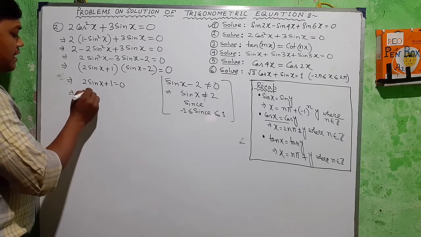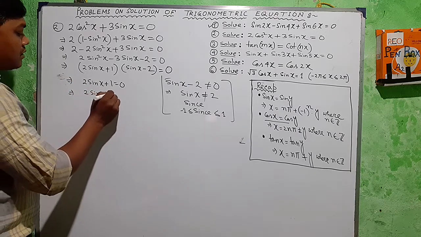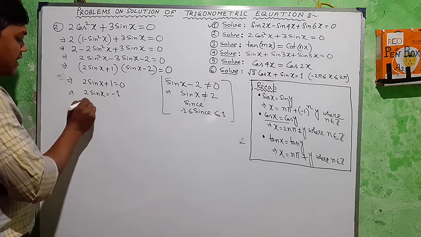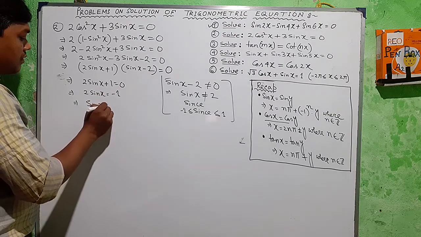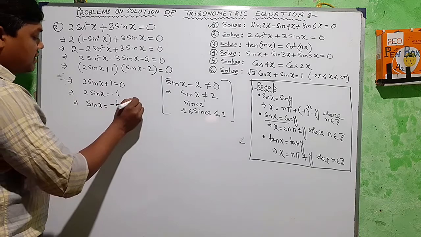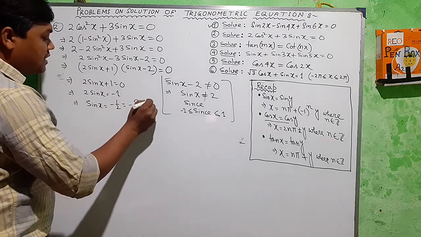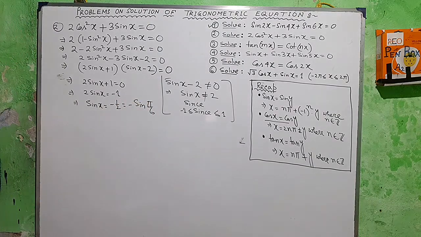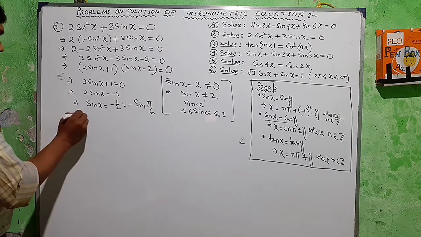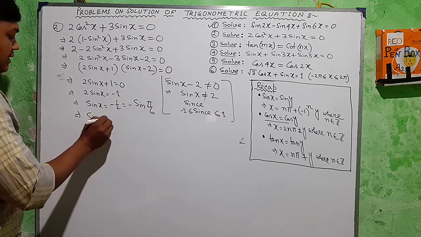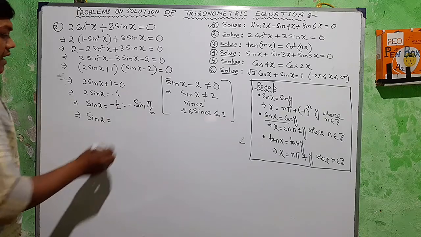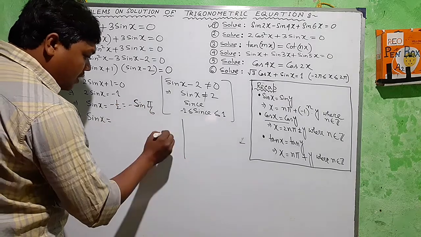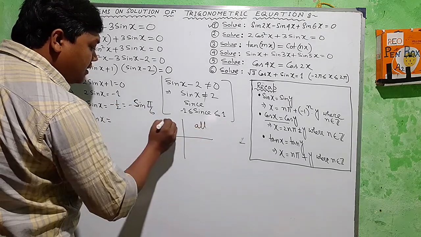This gives 2 sin x equals minus 1, and sin x equals minus half, and you can say minus sin 30 degrees, that means sin pi by 6. If I take a positive angle, sin x equals minus sin pi by 6. You see that the quadrant rule is all, sin, tan, cos.